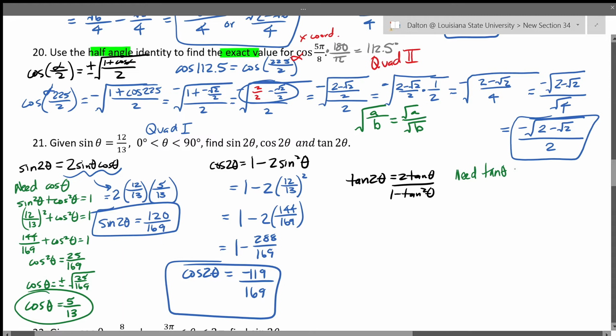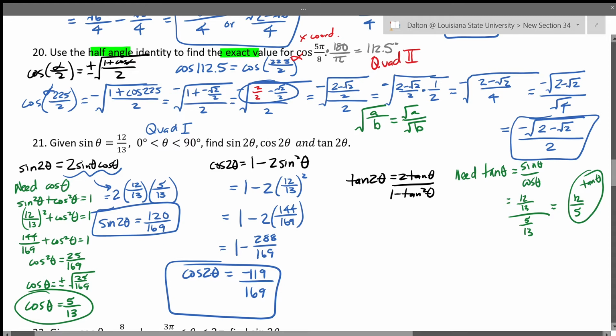If you remember that tangent of theta is sine divided by cosine, then tangent would be sine, 12 over 13, over the cosine we found earlier, 5 over 13. Then that means our tangent is going to equal 12 over 5. So this is our tangent of theta value, 12 over 5.